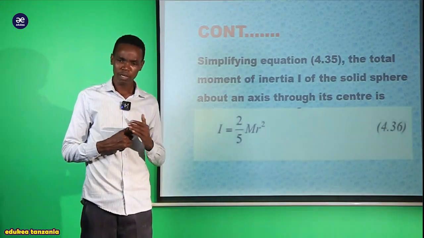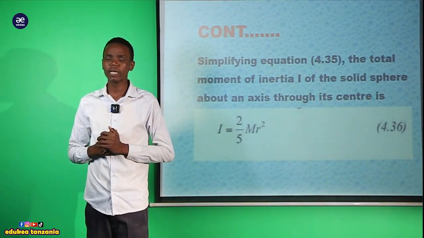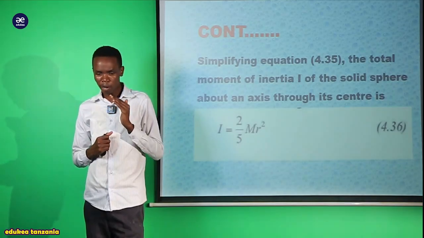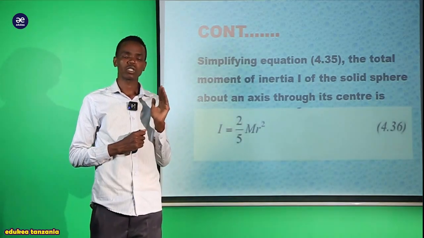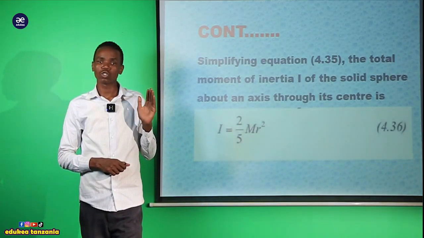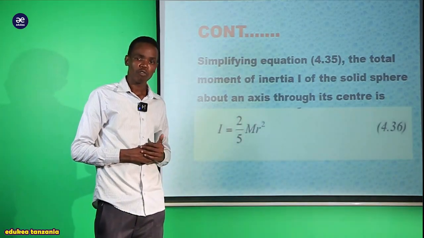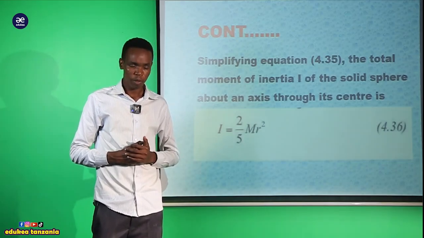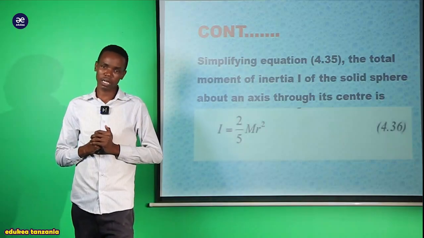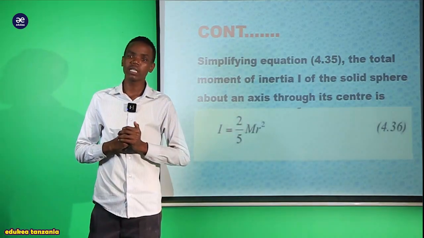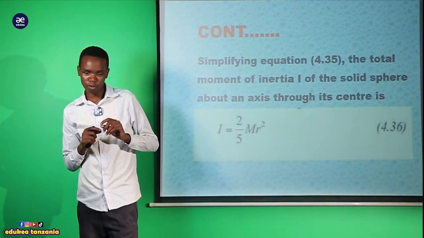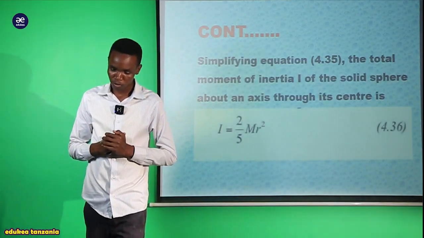So this should be the formula for obtaining the moment of inertia of a solid sphere. If you are asked to demonstrate the moment of inertia for a solid sphere, the formula should be equal to 2 divided by 5 times m r square, where m represents the mass of the solid sphere, while r represents the radius, or the distance of the solid sphere from the axis of rotation.